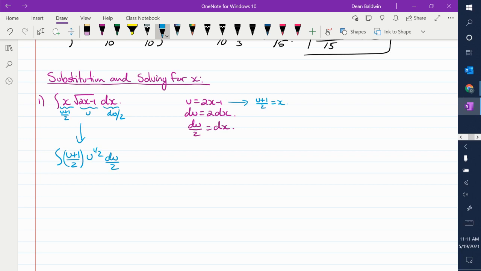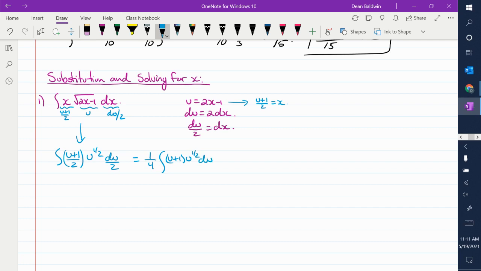Which looks kind of gross, but it's not too bad, because what can we pull out? One half, pull out a fourth, right? Well, there's a 2 and a 2, right? There's two 2's. So I can pull 1/4 out. And I'm left with u plus 1 times u to the half du.